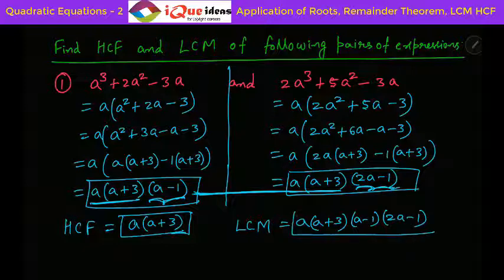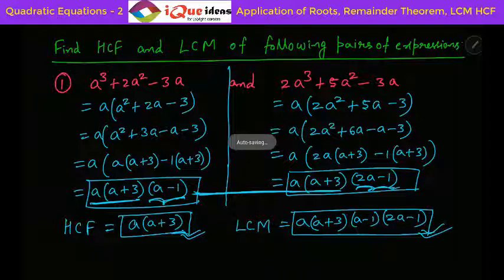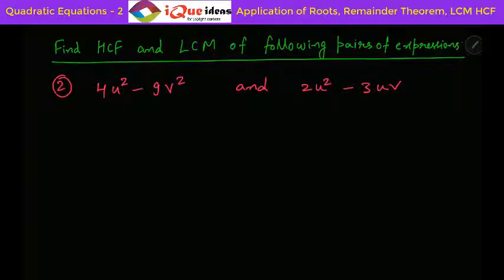So the LCM is a into (a plus 3) into (a minus 1) into (2a minus 1). Whereas the HCF was just a into (a plus 3). Alright, so whatever is common to both will be the HCF. In LCM, the common part appears once and whatever remains will appear as it is. Alright, so let's take up one more example on this. Now let's take up the second question, still the same thing, find HCF and LCM.